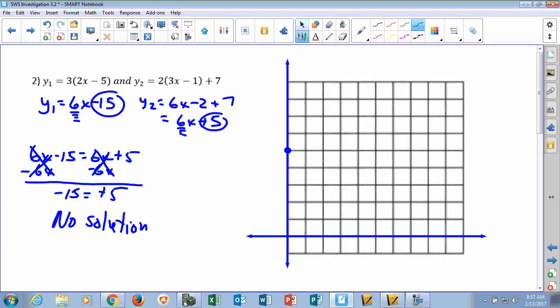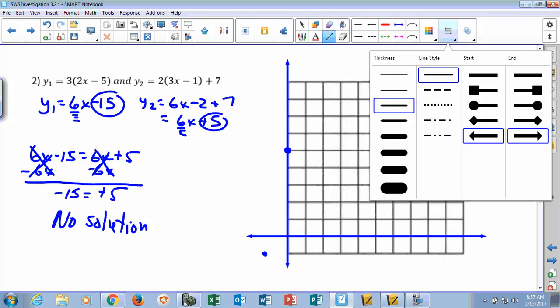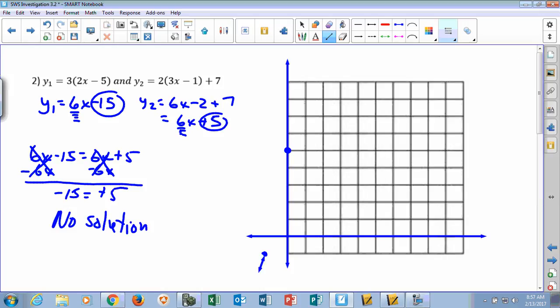So I'm going to go backwards. 1, 2, 3, 4, 5, 6, and go 1 over here. So roughly, this is what our line looks like. Roughly. Okay.